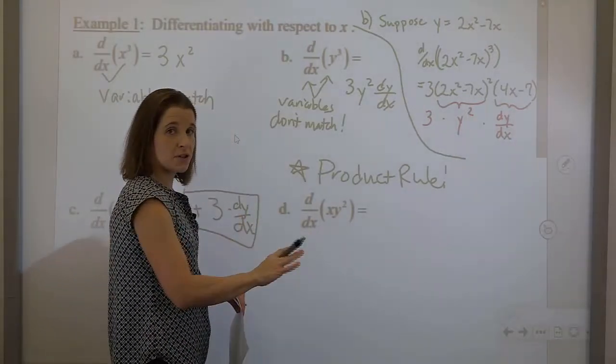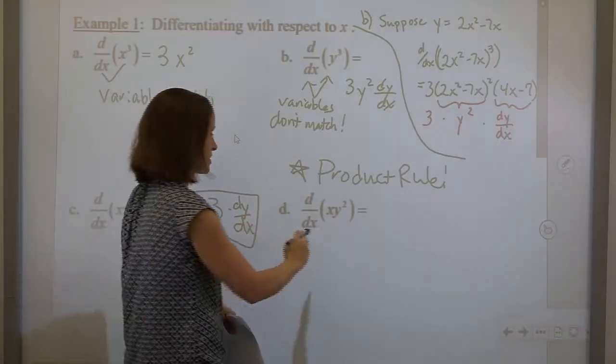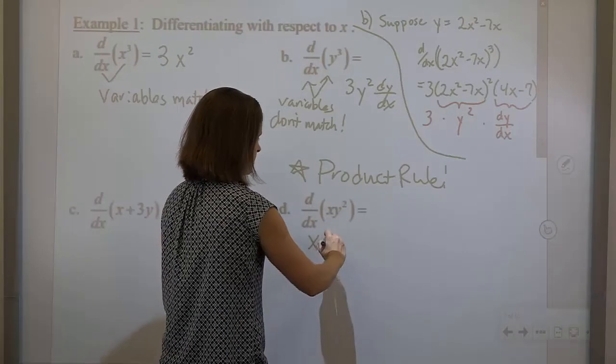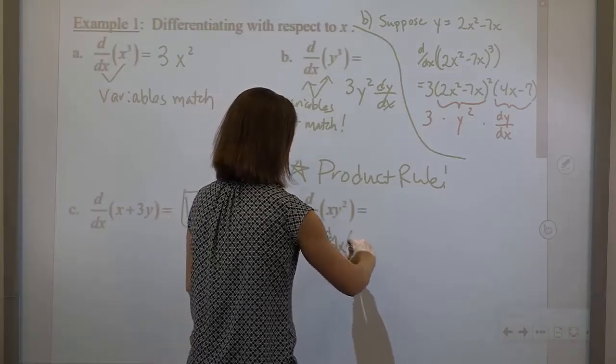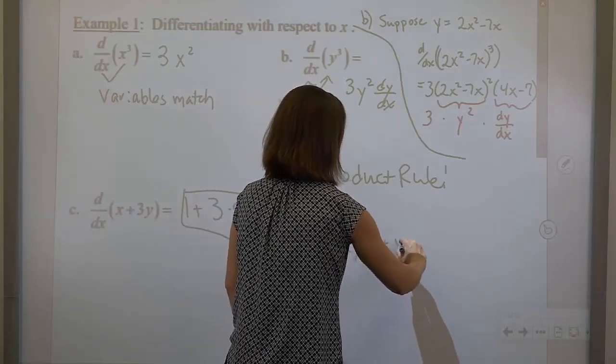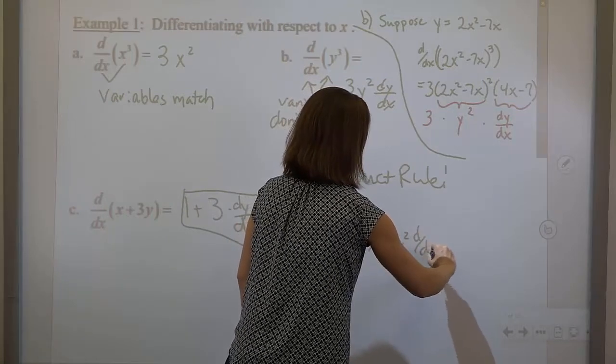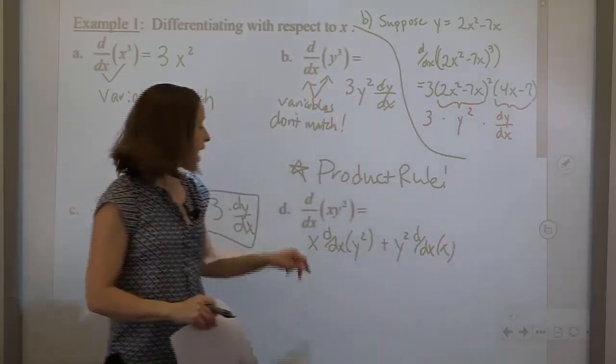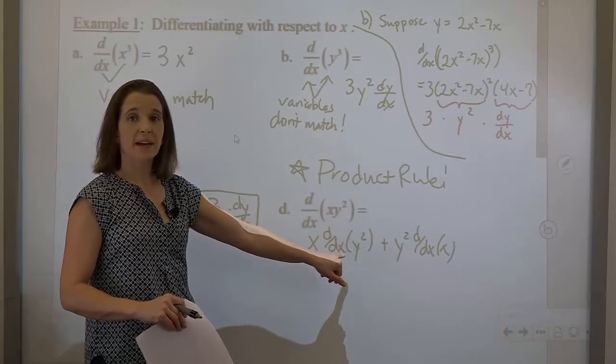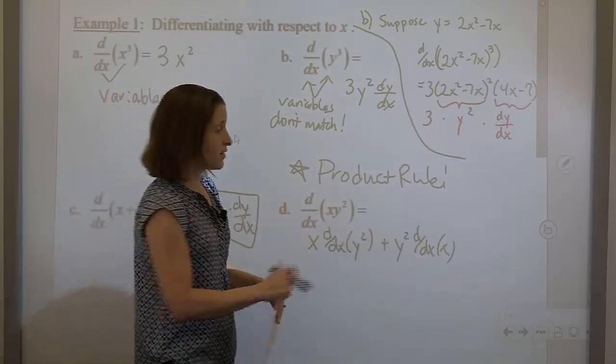So here I'm just going to first write the product rule, then deal with the implicit. So we have first times derivative of the second plus second times derivative of the first.